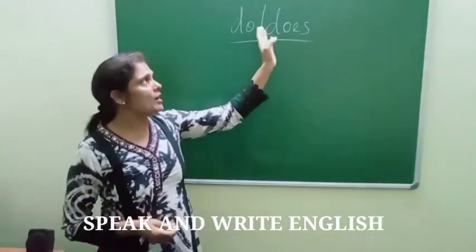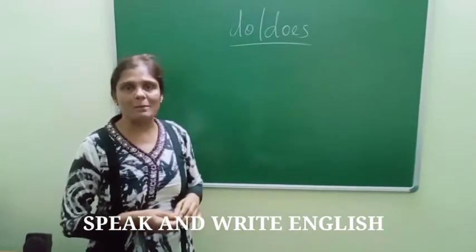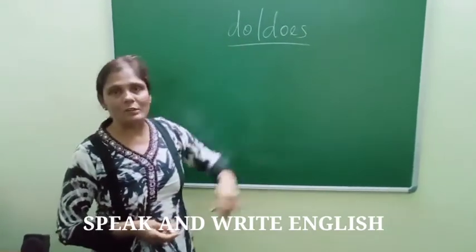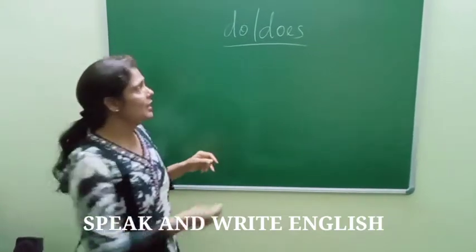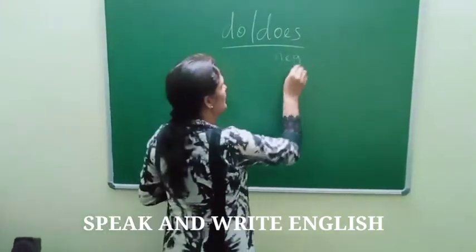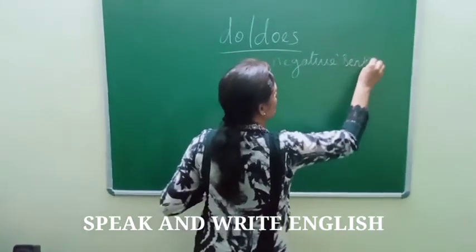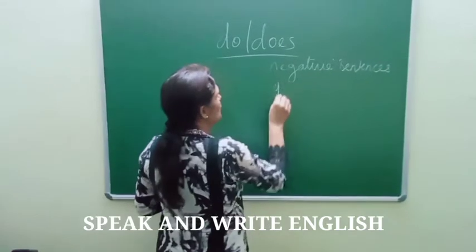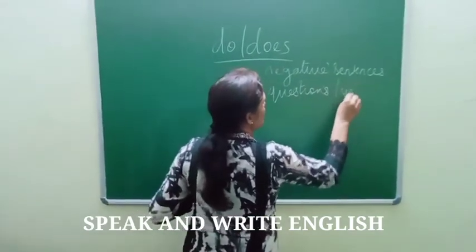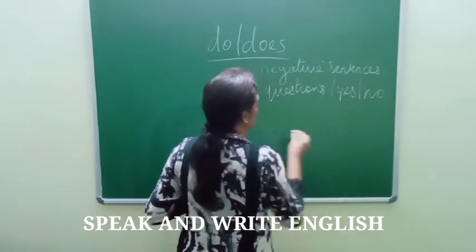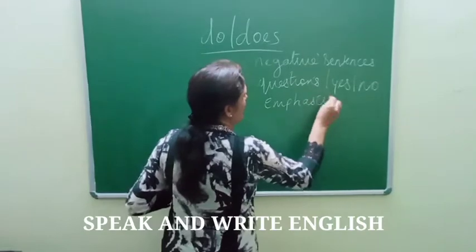Remember, the auxiliary do and does will be always used in the present tense. It is used in the negative sentences, when you are going to make questions, yes no questions, or when you need to make an emphasis on your point.